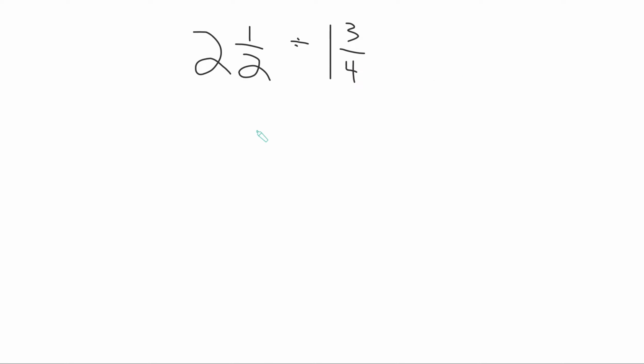Okay, so we're going to multiply the whole number part of the mixed number times the denominator of the fraction, plus the numerator of the fraction. So it's sort of an arrow, it goes like this.